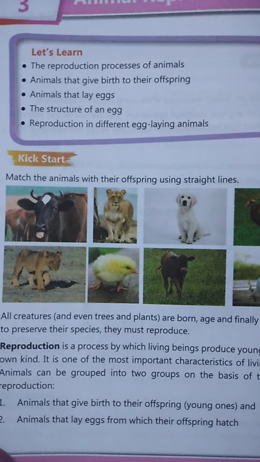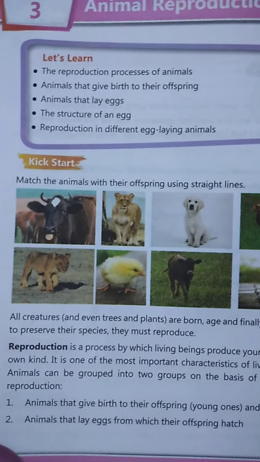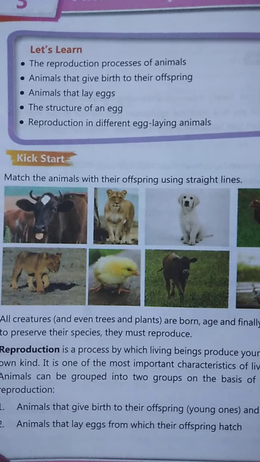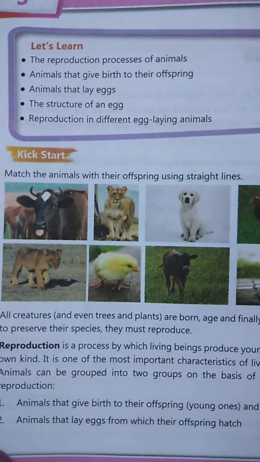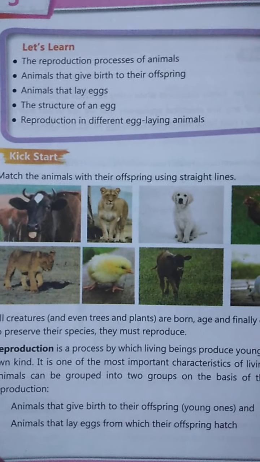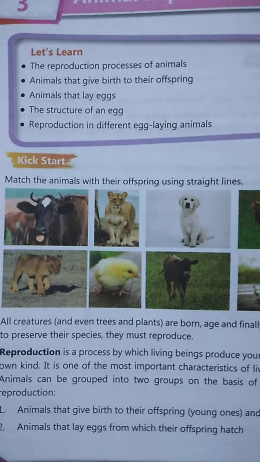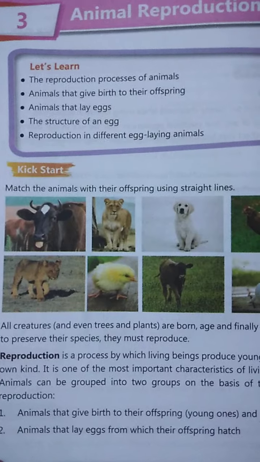There are two groups of animals. Then the structure of an egg and reproduction in different egg laying animals. So in this chapter we are particularly going to study about the reproduction in different egg laying animals and the structure of the egg, and then how do animals give birth to their offspring and reproduce.